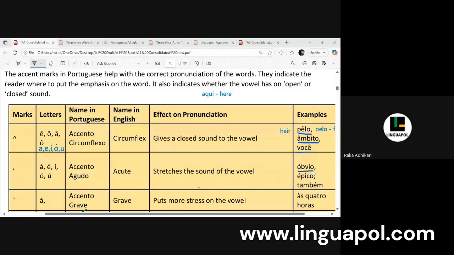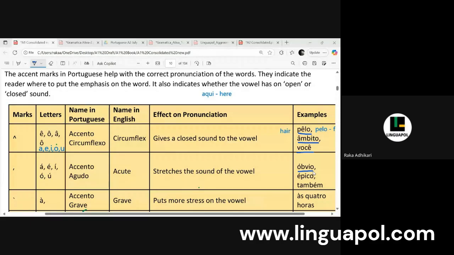Our natural stress comes on the second last syllable. But here we are saying épico. The stress is on the first one itself because of the accent. Wherever the acento agudo is, we will stretch that part of the word. Épico means epic.